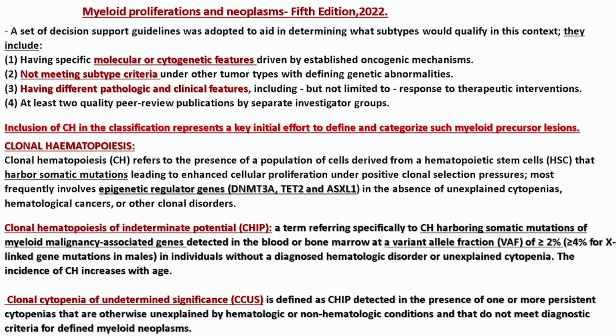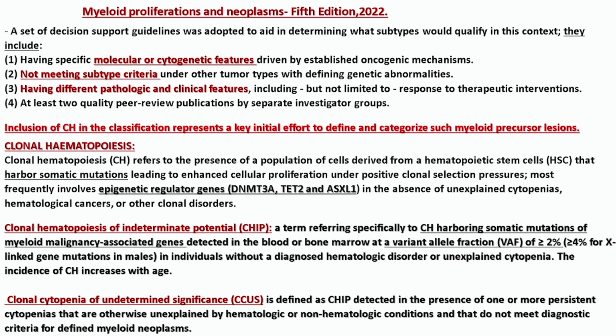The most important is the inclusion of clonal hematopoiesis, which is very important as a precursor lesion for myeloid malignancies. Clonal hematopoiesis refers to the presence of a population of cells derived from a hematopoietic stem cell, harboring somatic mutations and leading to enhanced cellular proliferation under positive clonal selection pressure. Most frequently, it includes epigenetic regulator genes that we can now see most commonly by NGS, in the absence of unexplained cytopenia, hematological cancer, or other clonal disorder.